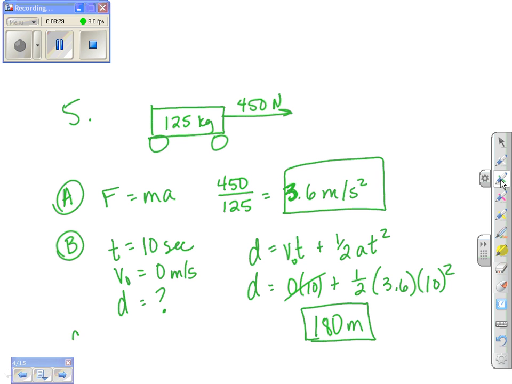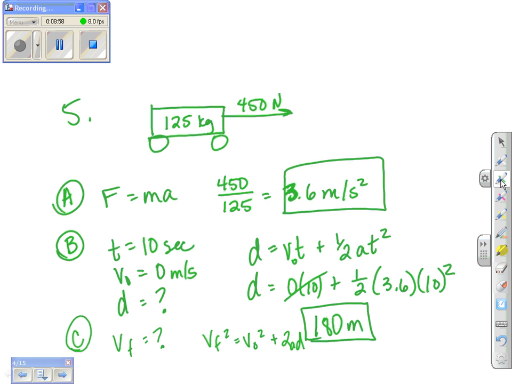All right, for part C on this problem, they want to know what's the final speed of the wagon at the end of the 10 seconds. So they want you to find VF now. Well, if you are going to solve for VF, you can do VF squared equals V naught squared plus 2AD again, because we can use our distance information.